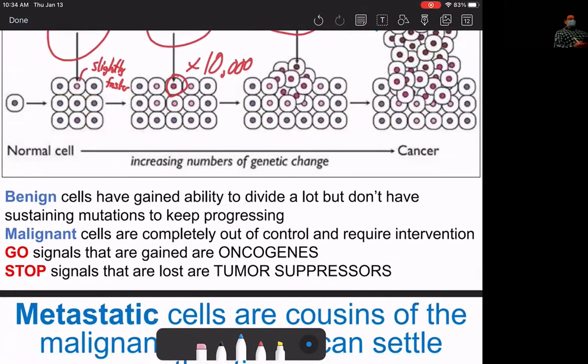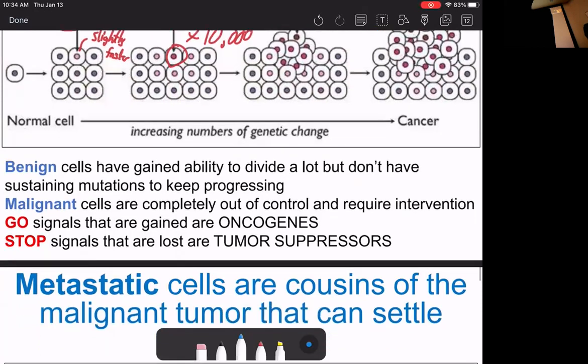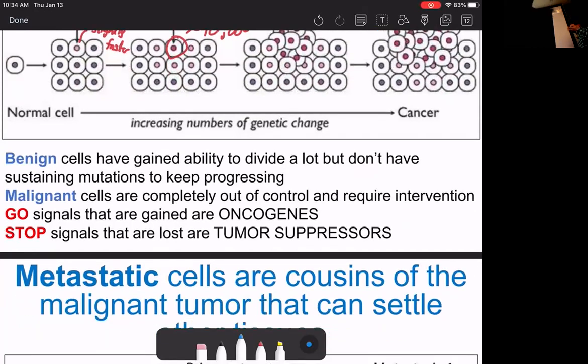Now, as far as defining these stages, we don't really have concrete definitions, but we've all heard the word benign before. You can have a benign growth of cells, maybe an uneven splotch of skin after a sunburn. Yeah, they grew a little fast, but they didn't survive. It's okay. Now, malignancy, that's cancer.